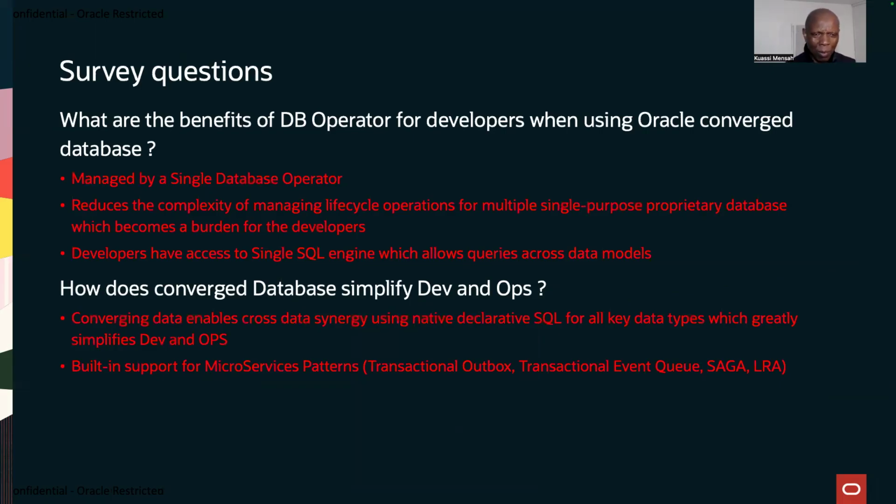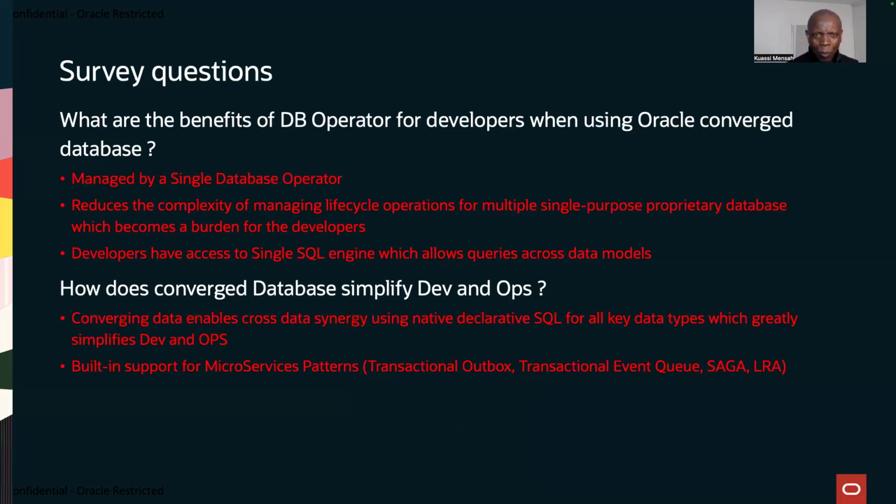So there are some survey questions here. What are the benefits of the DB Operator when you're using the converged database? As I said, a single DB operator can manage all your data models, right? So what I'm saying here is you can have multiple database instances, but it's still the same converged database, and you are managing all this with the same DB operator.